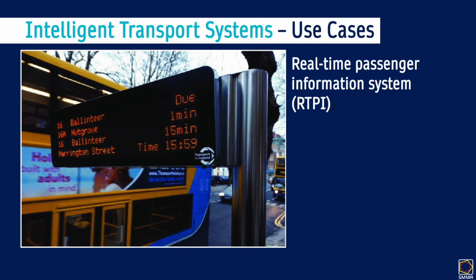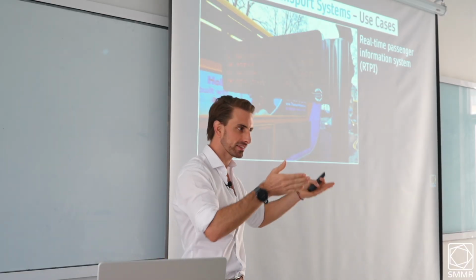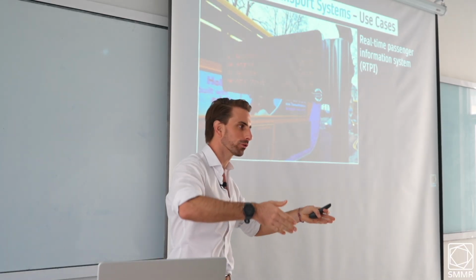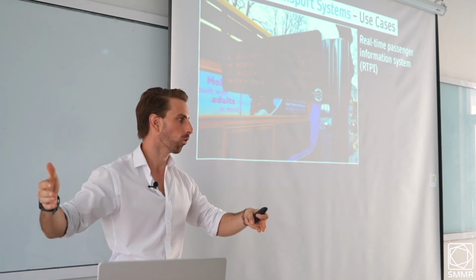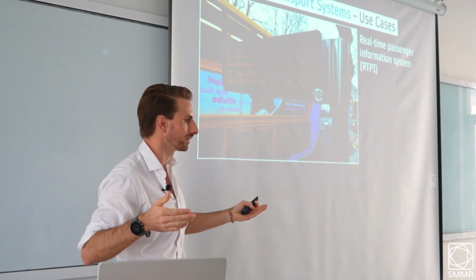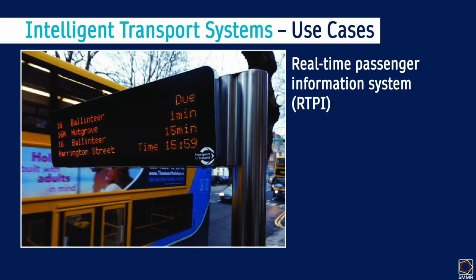In many cities, you also have real-time passenger information. If you take a bus, it's nice to know when the bus is coming. In Phnom Penh, the bus has a schedule, but if there's very heavy congestion or if there's an accident, then the bus will not come on schedule.